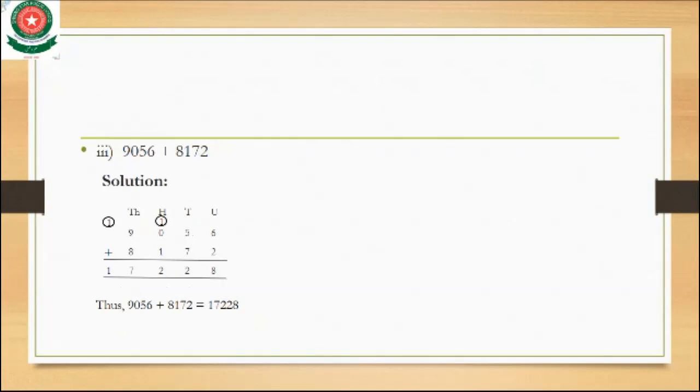Add it. This is your task. Add 9056 plus 8172. Add, class. You have only 2 minutes.